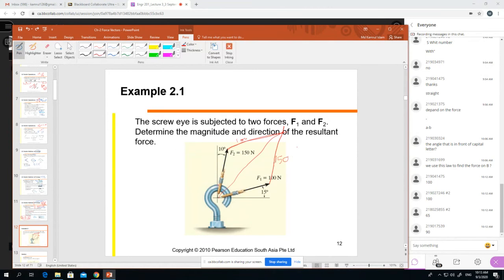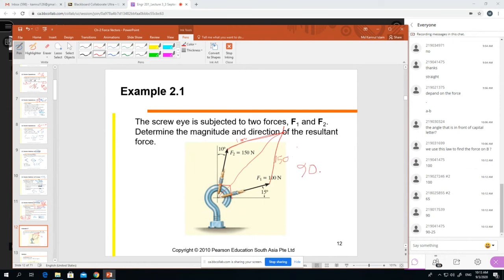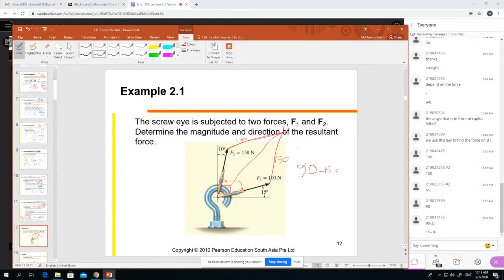So this angle is 90 degree, minus 25. Now I want to get this angle, so this angle equals 90 degree minus 15 degree minus 10 degree, equal to 65 degree. So the angle is 65.